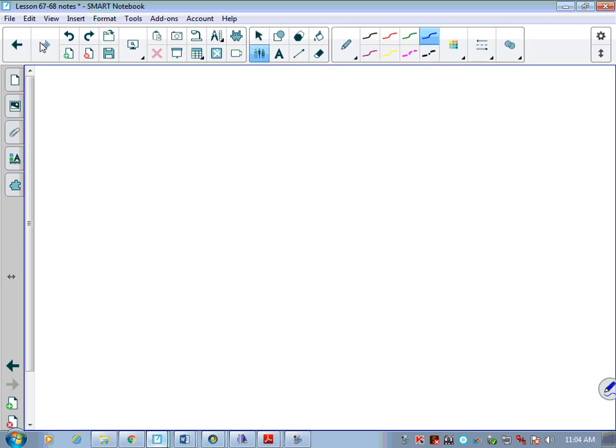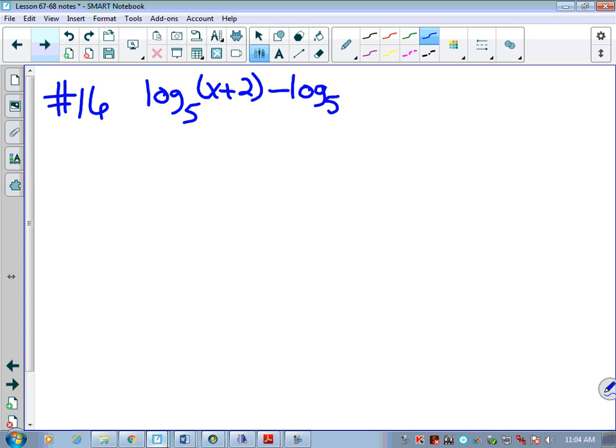Number 16. Log base 5 of x plus 2, minus log base 5 of x, equals log base 5 of 3. That's good news.